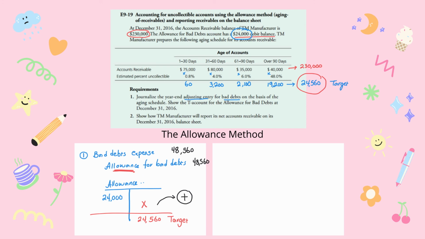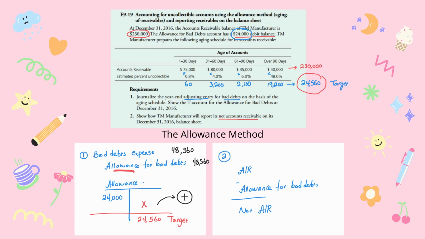Now requirement number 2: show how TM Manufacturer will report its net accounts receivable at December 31st, 2016. So he is asking for the net accounts receivable. Under the current assets in the balance sheet, I'm going to write accounts receivable less allowance for bad debts equals net accounts receivable.